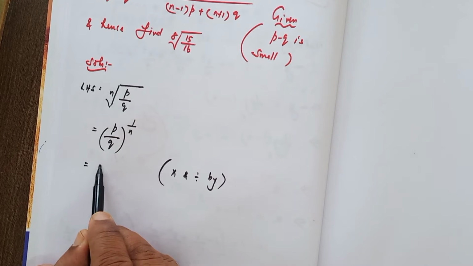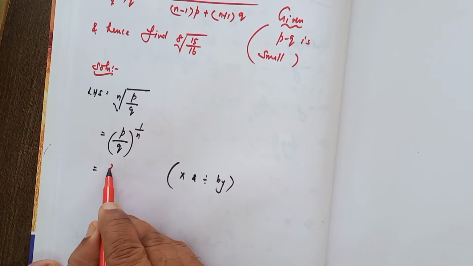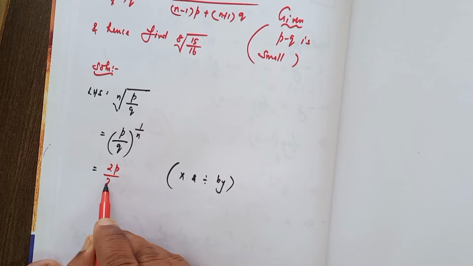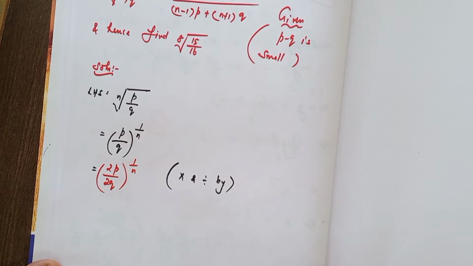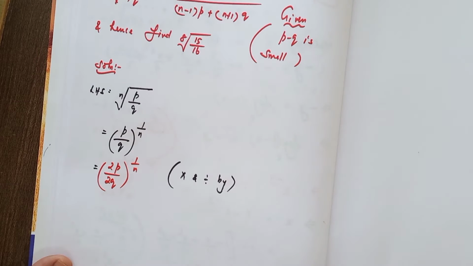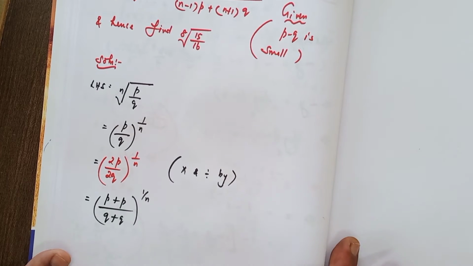So you will be getting 2p divided by 2q, the whole power 1 by n. Then 2p you can write p plus p, 2q you can write q plus q, whole power 1 by n.